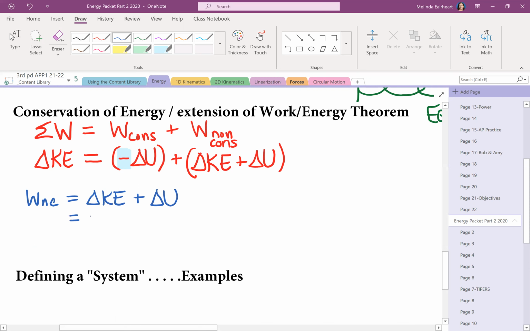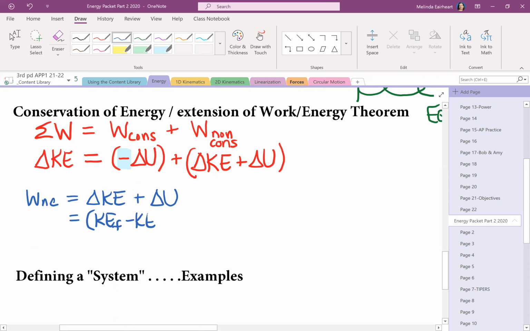So each of these is a KE final minus KE initial, and then plus a final potential minus initial potential. Well, it still isn't really a conservation statement.